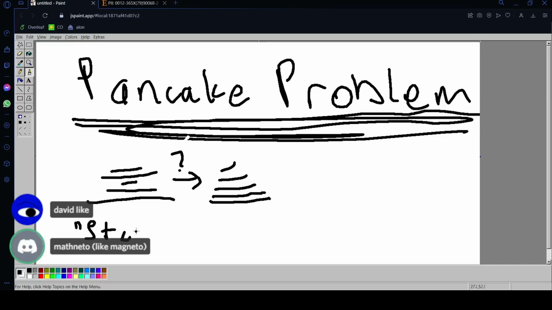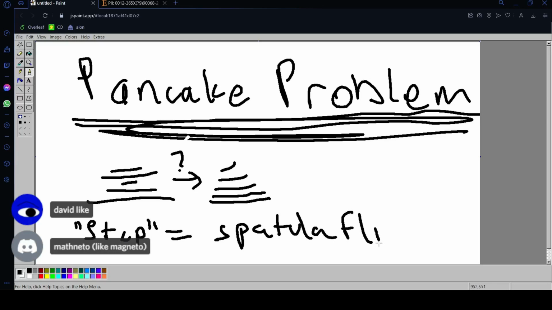Here we're allowed a single step. A step is a spatula flip, i.e., we could select some portion of the pancakes, look at these two, use a spatula, and flip them over.